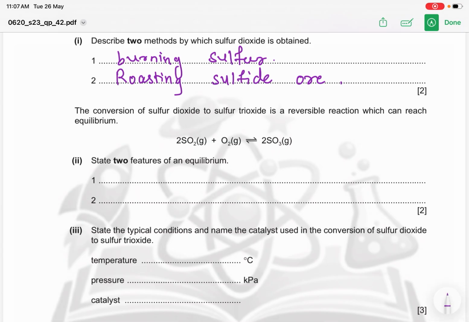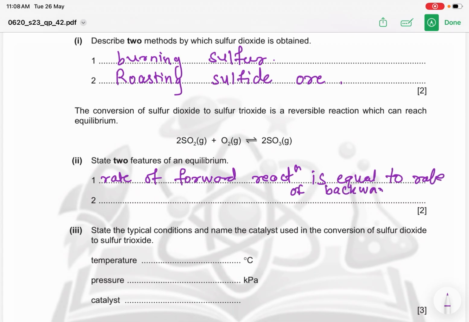The rate of forward reaction is equal to the rate of backward reaction, and second, the concentration of reactant and product stay constant.